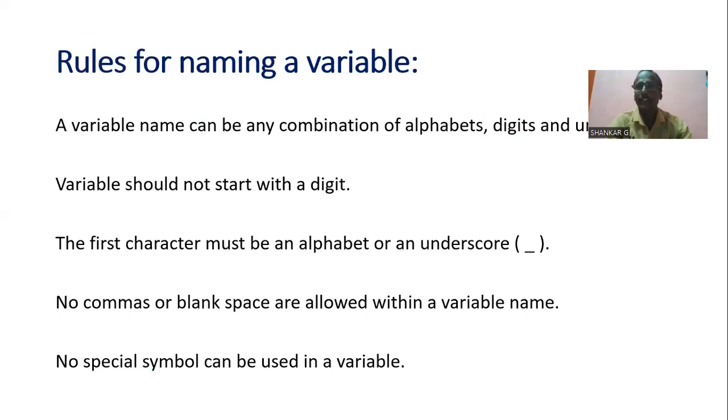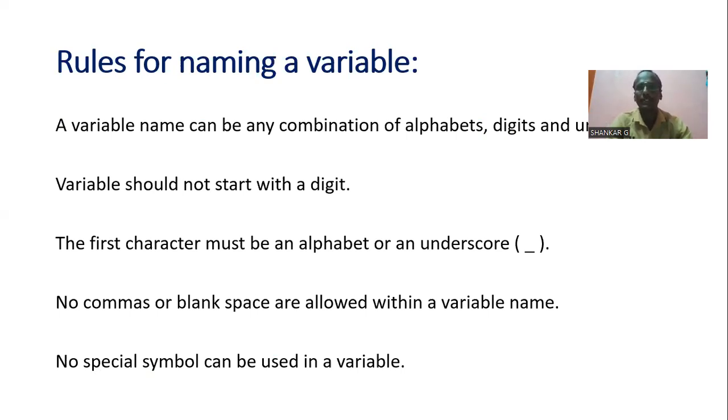Generally, the following rules are followed while defining an identifier. A variable name or an identifier name can be any combination of alphabets, digits, and underscore. The identifier you are defining here is actually given as a variable.